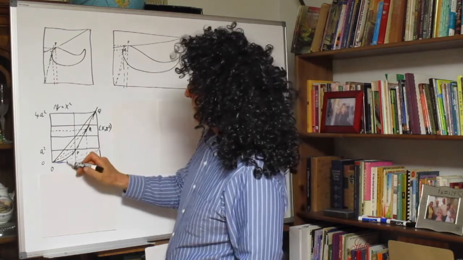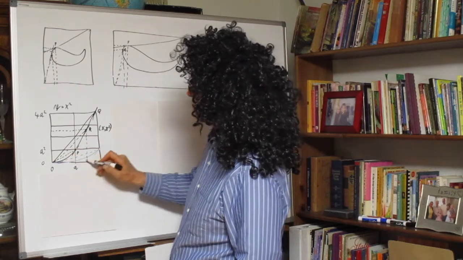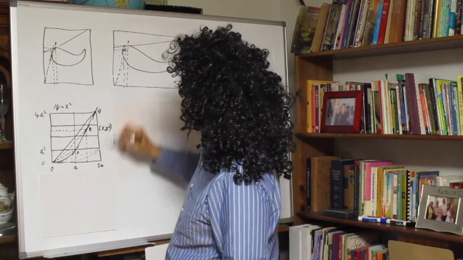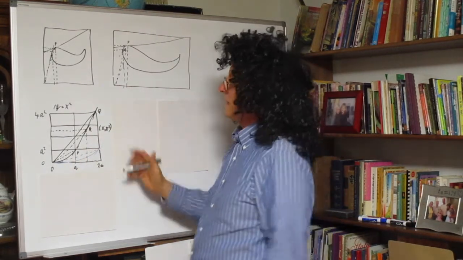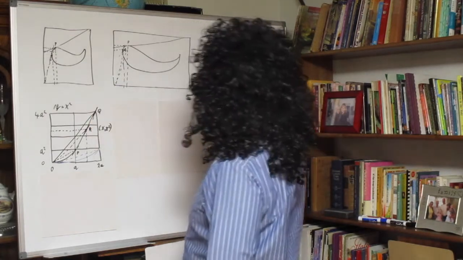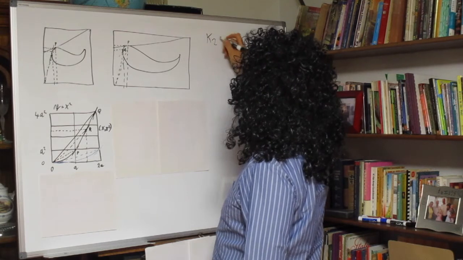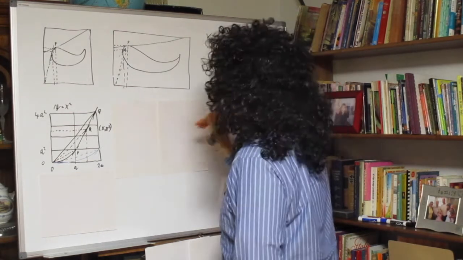Also the area. This ratio of this area to this rectangle, same as this area to this rectangle, is the same as the big wedge to the big rectangle. It is invariant. For x squared, it would be K2 for area. That's the invariant, the ratiometric invariant.